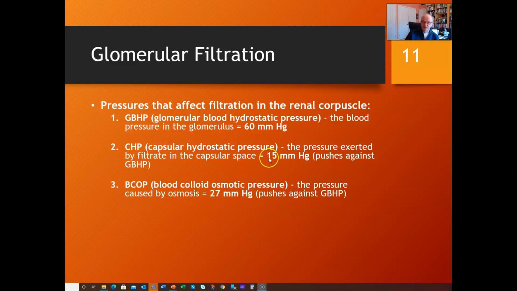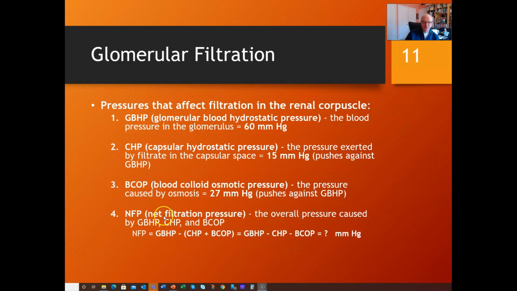So my calculation, that would be 15 plus 27, 42. So you've got 42 pushing back. So your net pressure would be 60 minus 42, which will equal, I believe, if my calculations are correct, 18. So you have a net outward pressure of 18.